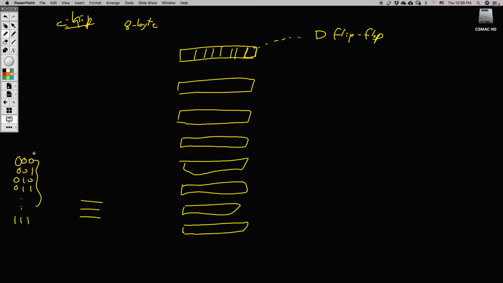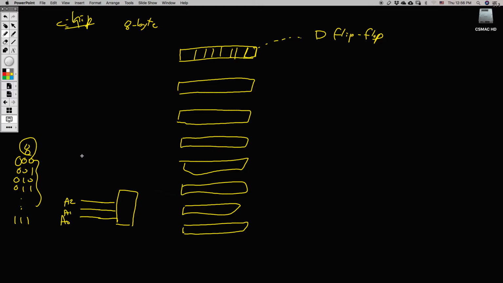So we have 8 different values possible with 3-bit information. So using the 3-bit address value, we should select one of those. There should be some combinational circuit which takes the 3 bits, let's call them A0, A1, and A2, and depending on the values of A0, A1, A2, we need to select one of those.